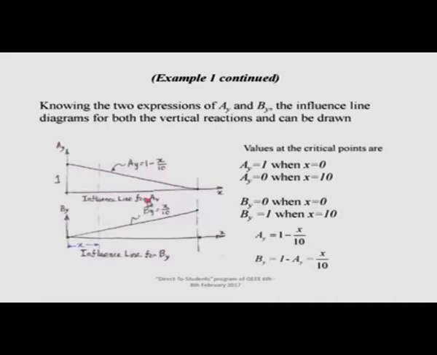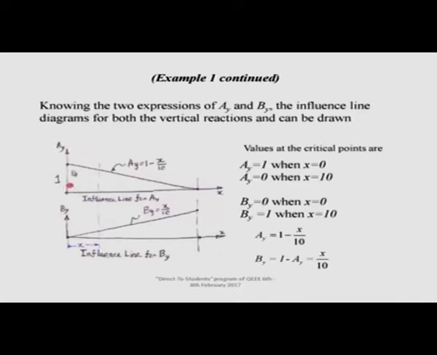This is the influence line for A y. You have drawn this influence line using the equations and also the discrete points, and this is the reaction at B y. As the live load moves over the span, this is the variation of the reaction here.